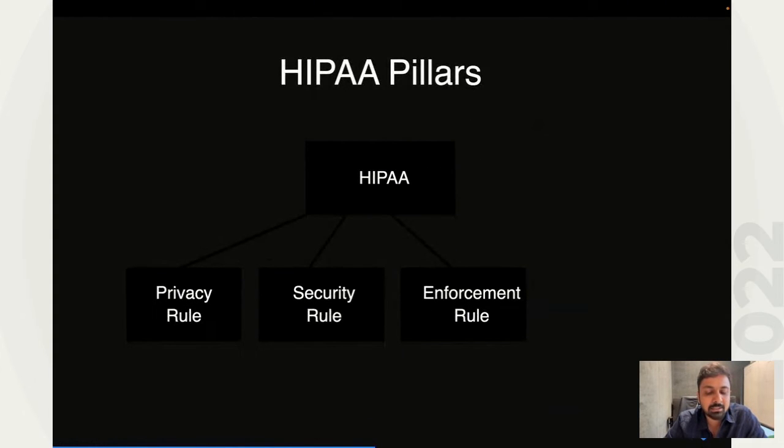The next is the enforcement rule. The enforcement rule basically says that any business associate or stakeholder who is part of your organization should also follow HIPAA compliance. That means the business partners who are helping you build your infrastructure, or, let's say you are deploying your application to the AWS cloud, AWS also should be responsible for implementing HIPAA compliance, right? The enforcement rule enables that.